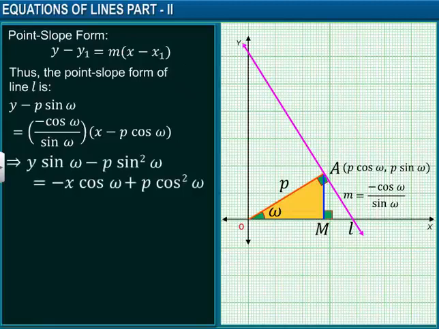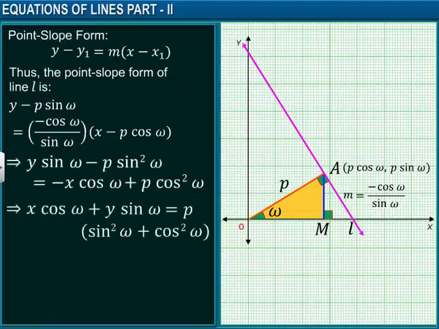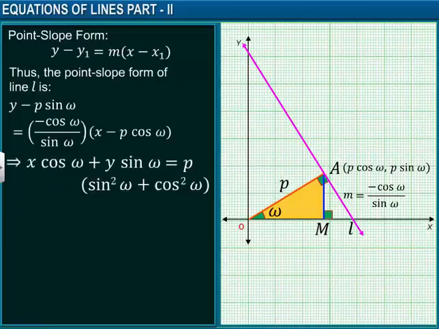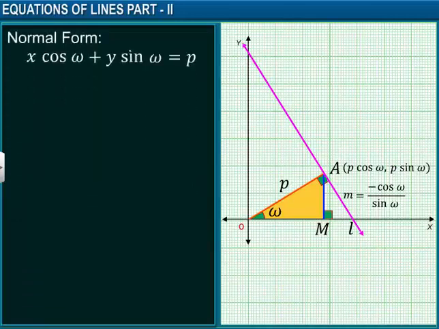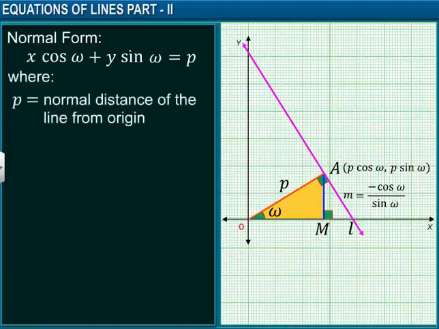On simplifying, we get the equation of the line as x cos omega + y sin omega = P. This is the normal form of the equation of a line, where P is the normal distance of the line from the origin and omega is the inclination of the normal drawn from the origin to the given line.